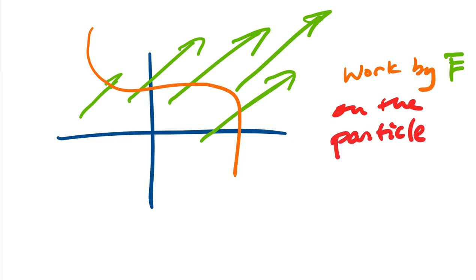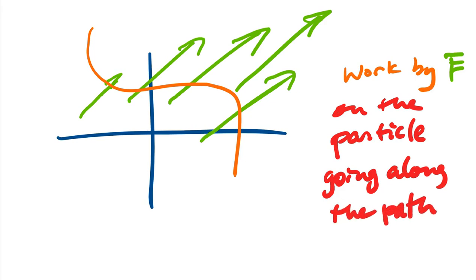It's not a particle, maybe it's an object going along the path C. So we'll call this thing C. There's some particle going along, minding its own business, and it's going through this force field. So maybe the force field is the wind, and maybe the particle is a plane or something. So what we do is we find the work.